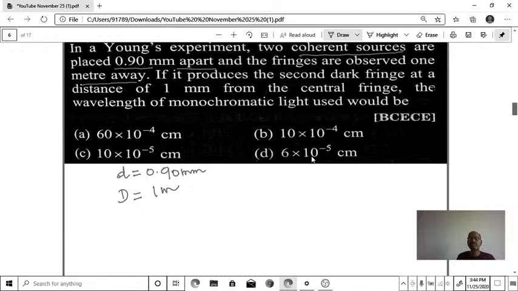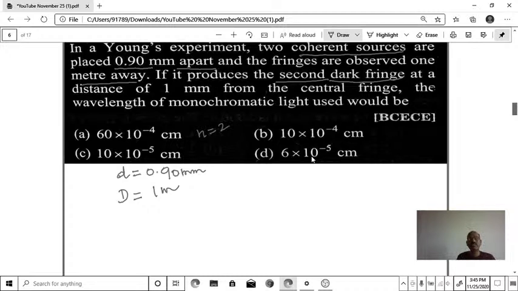If it produces the second dark fringe, keep in mind here, so far in the previous two questions we discussed bright fringe, maxima. Now dark fringe, second dark fringe, so n equal to 2.